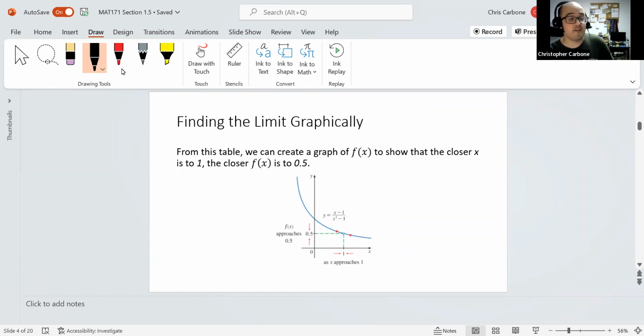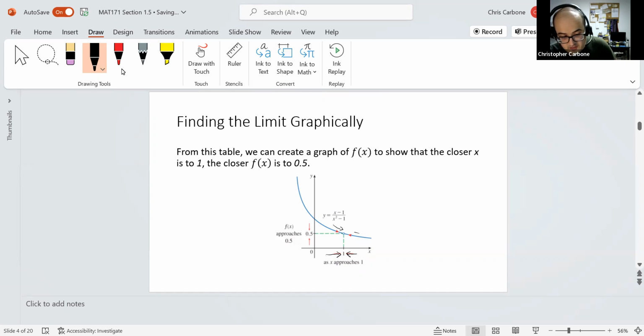And as such, if we were to look at the graph, since sometimes the table isn't necessarily the easiest thing to look at, the closer we get to the value of 1, either on the left-hand side or the right-hand side, we can see what's going on with this graph. We are approaching this particular value here.